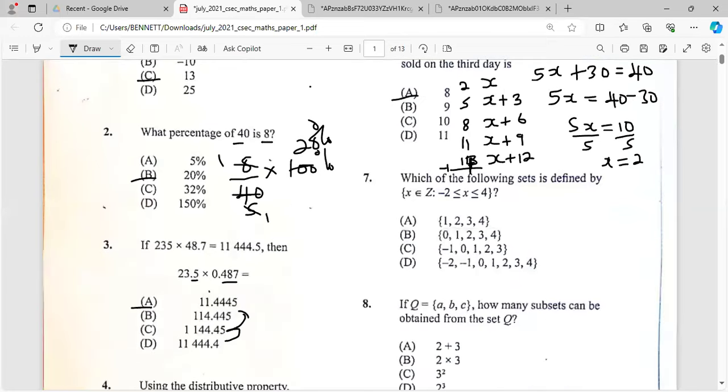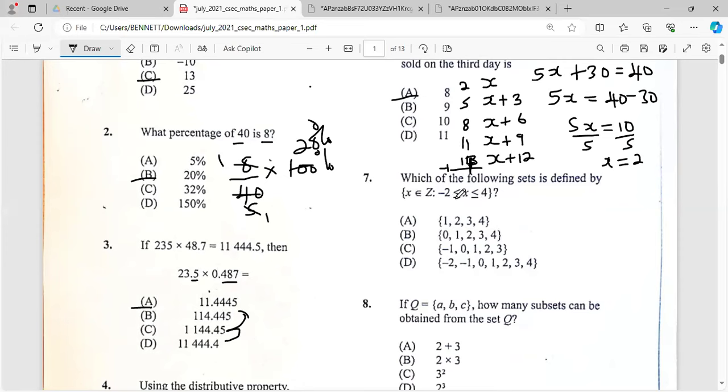All right, number 7 says, which of the following sets is defined by x is less than or equal to -2. So you're going to include -2, because once you see the equal sign, you include all of them.